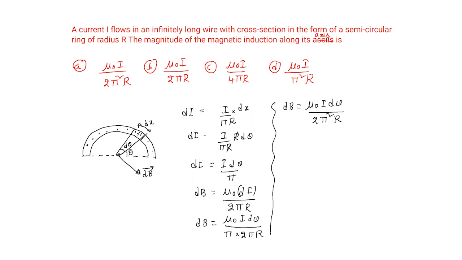Here, you can resolve this into two components. If this is theta, this also will be theta. Now you can resolve this into dB sin theta and dB cos theta.